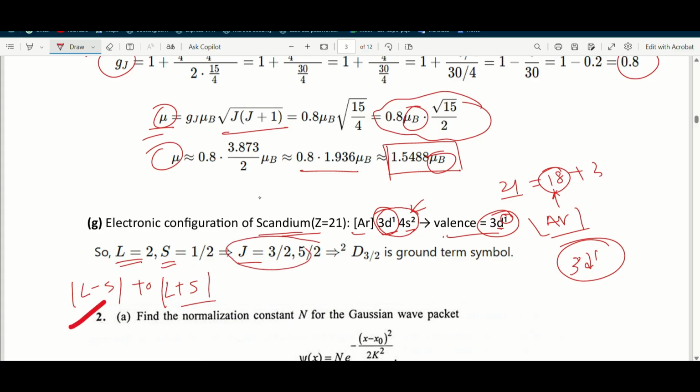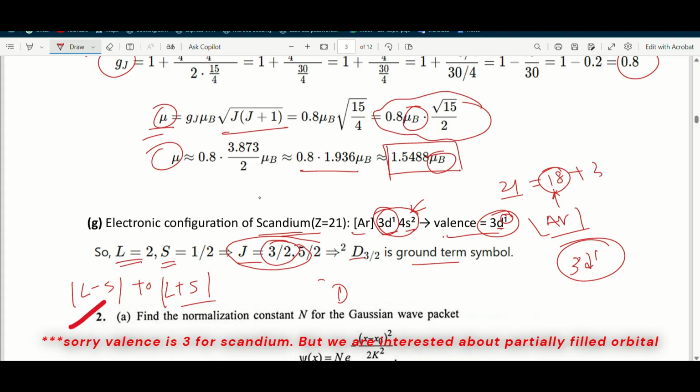So what will be the ground state? The ground state corresponds to the minimum J value, that is 3 by 2. So the ground state will be D, that is L equals 2 means D, twice S plus 1 will be 2, and the J value is 3 by 2. So this is the term symbol of the ground state of scandium.